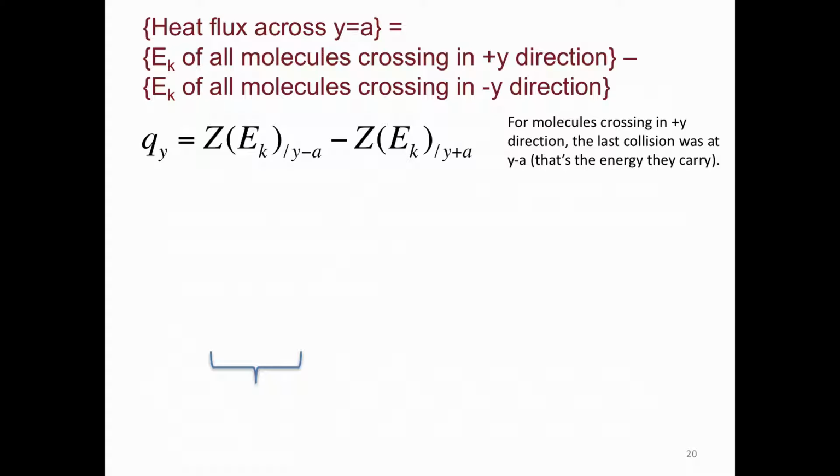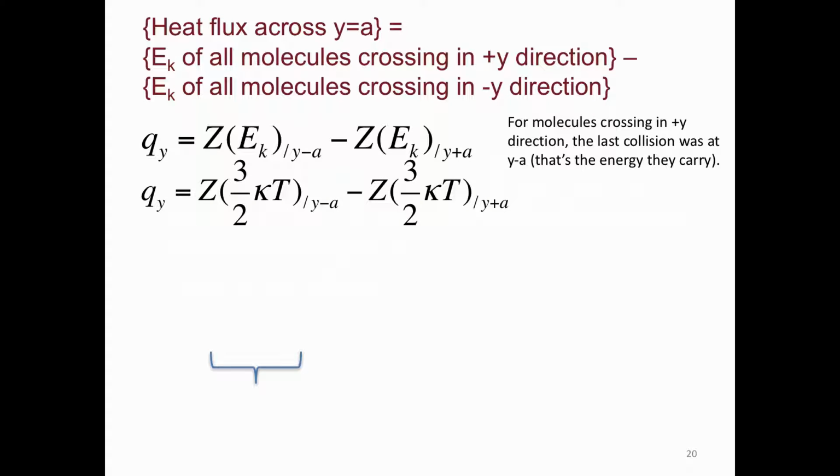And I have to subtract, again, my average number of molecules is still Z, but those molecules that are crossing in minus y direction are carrying different kinetic energy because they come from a place of different temperature. And my kinetic energy is directly related to the temperature. So I put that in.